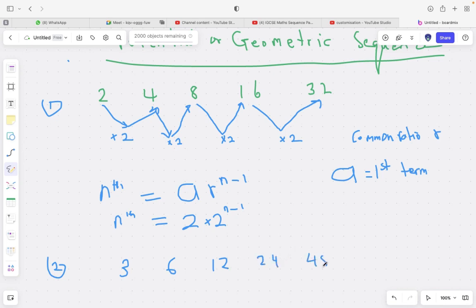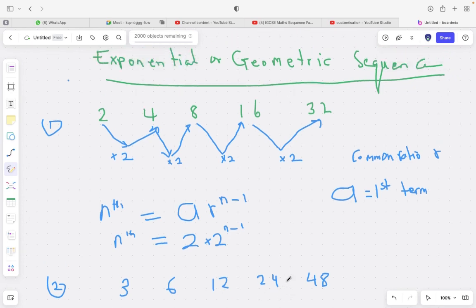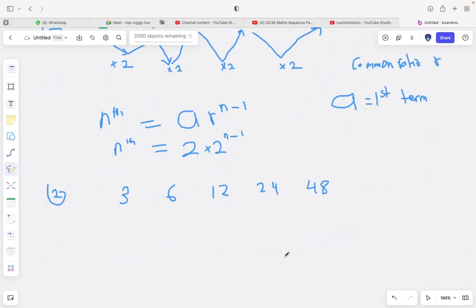This you can see is progressive by multiplication of 2. 3 multiplied by 2, you get 6. 6 multiplied by 2, you get 12. 12 multiplied by 2, you get 24. 24 multiplied by 2, you get 48. So you can see the progression is multiplicative, being multiplied.